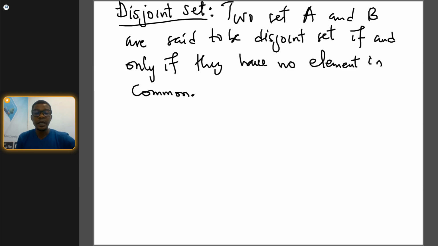Two sets, A and B, are said to be disjoint sets if and only if they have no elements in common.